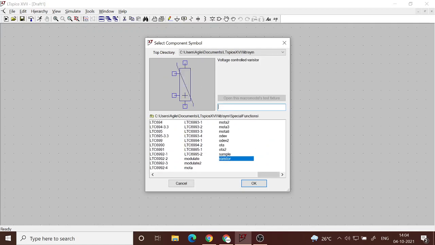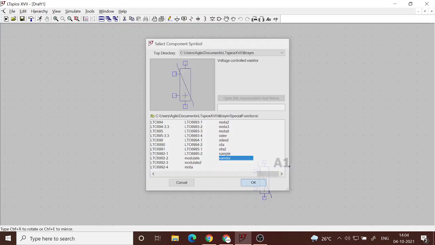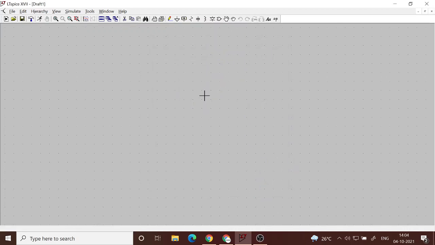We don't need a voltage source, so let's start with just a capacitor, and then we have a resistor, yeah, so these two components, and then we have a ground.